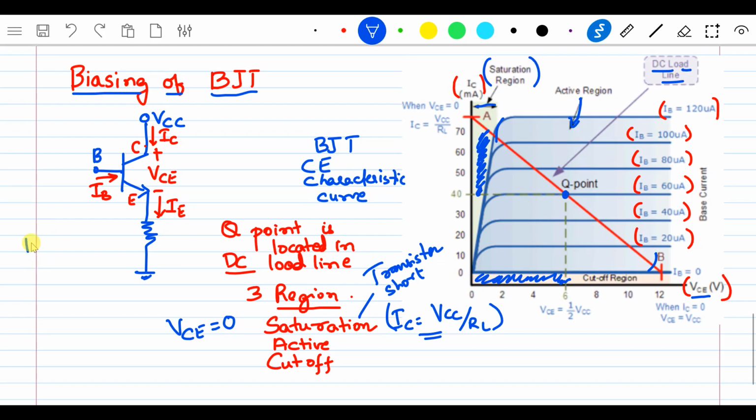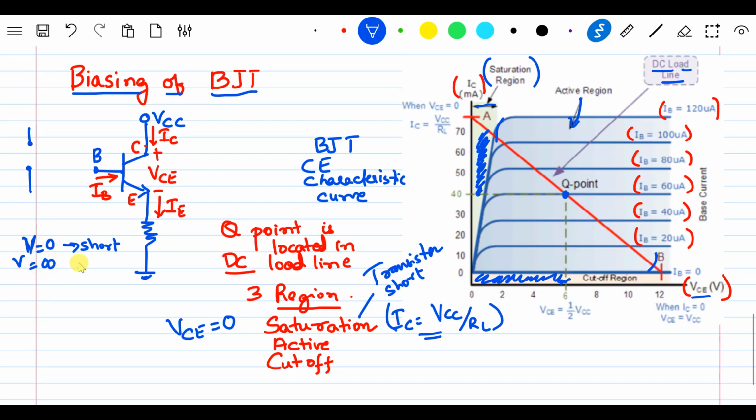When the voltage is 0 across any two terminals, it means that it is short. When voltage is infinity, then it is open. So if the voltage is infinite, it is open. When it is 0, we normally go with a short circuit like this.